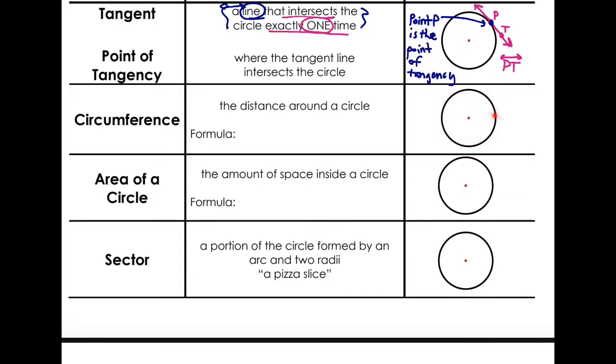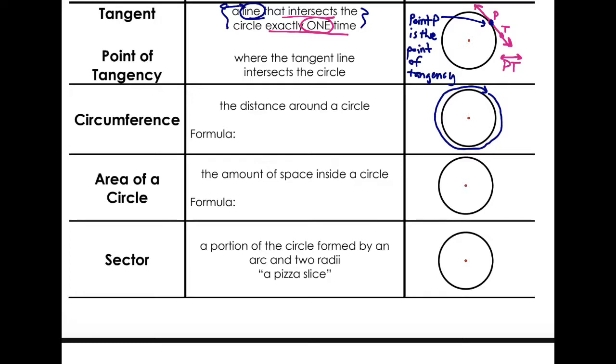You would be able to say, okay, that was 100 feet or something like that. So the distance around the circle is the circumference. The only thing I could really draw to show that we're talking about the distance around is maybe a continuous arrow, something like that.